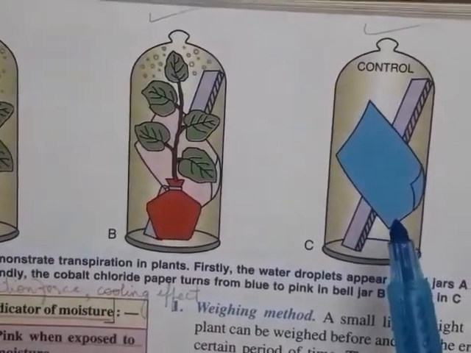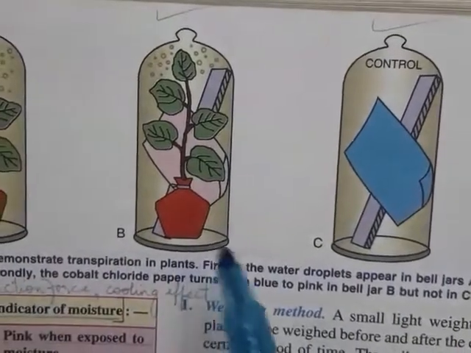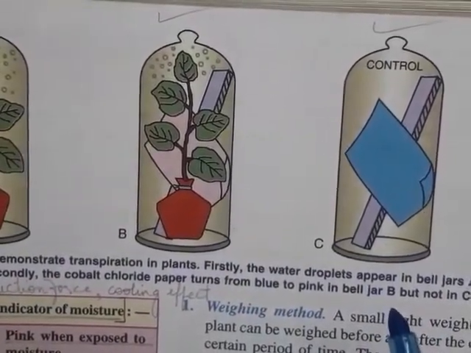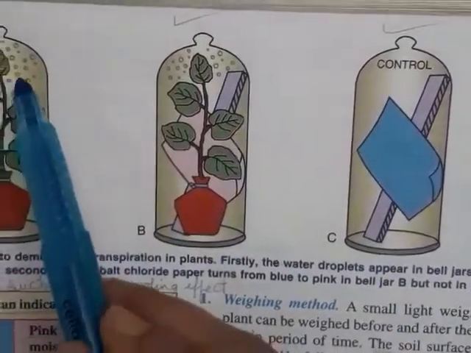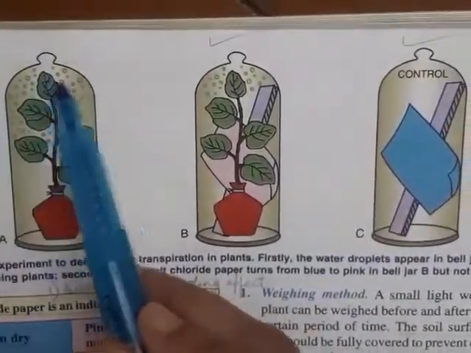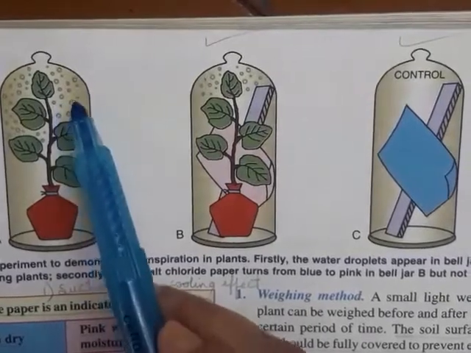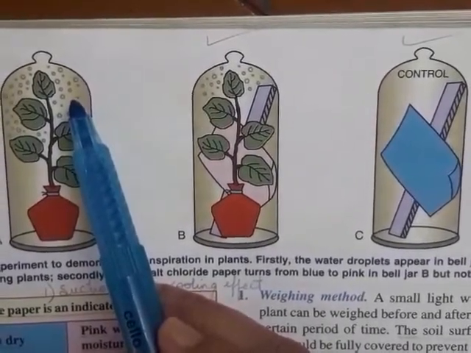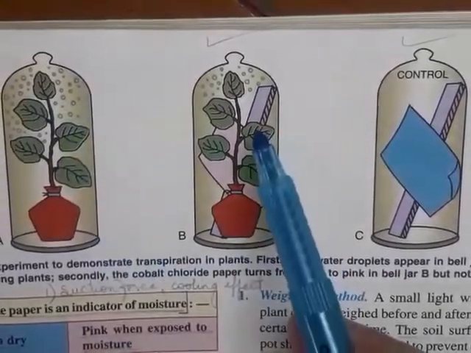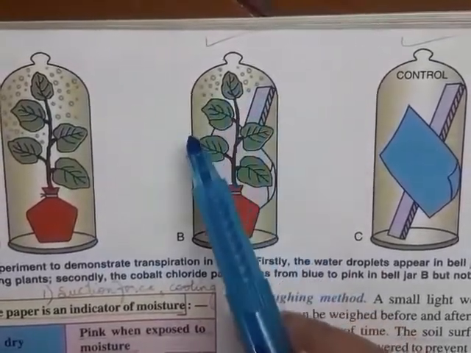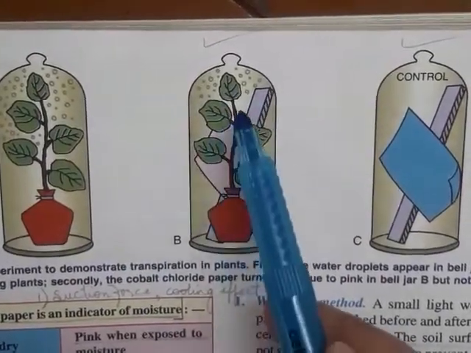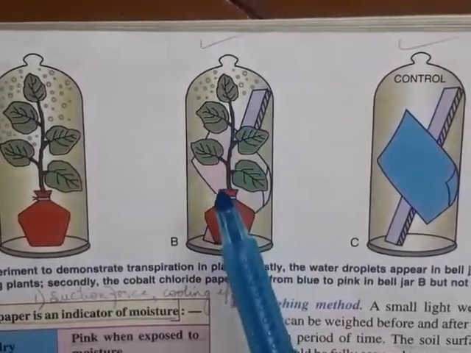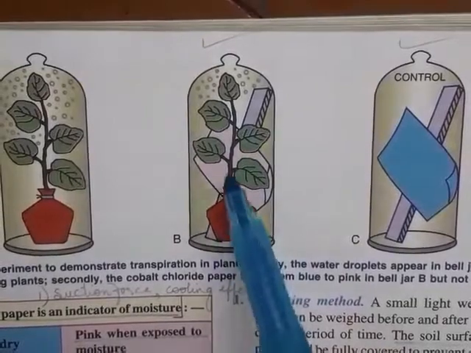What will you observe after some time in the 3 setups? In the first one, you can see droplets of water on the inner side of the bell jar. In the second experiment, you see droplets of water, and at the same time, the cobalt chloride paper, which was blue, has turned pink.